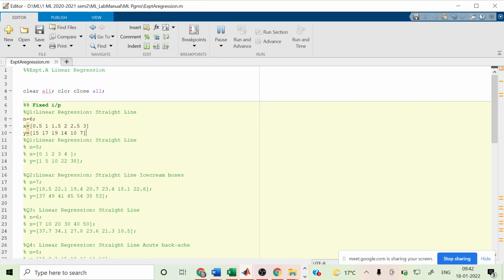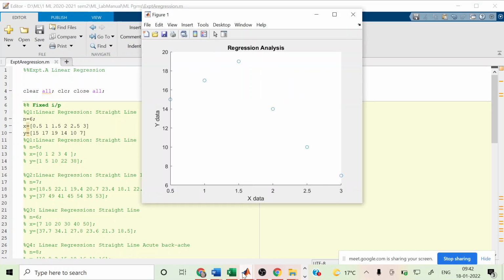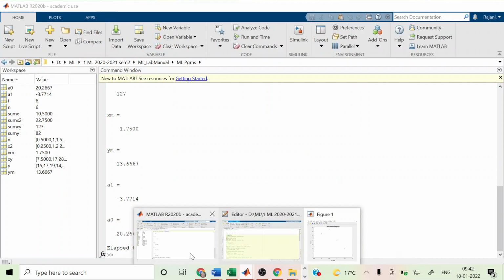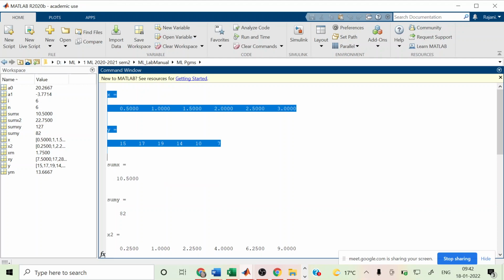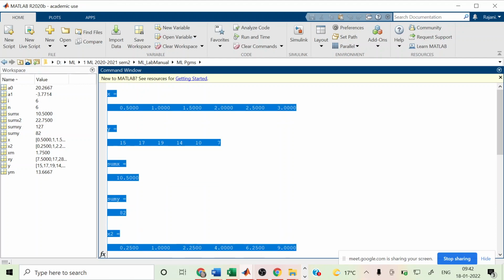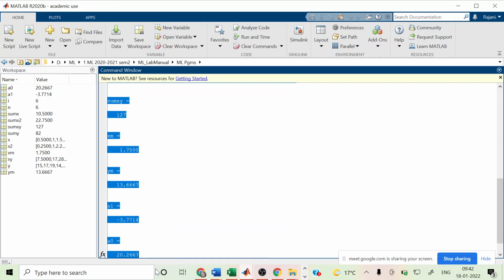I want the same thing: all of you have to execute and show me the output. So you can see in the output x, y, then all the values. So this is the expected output.